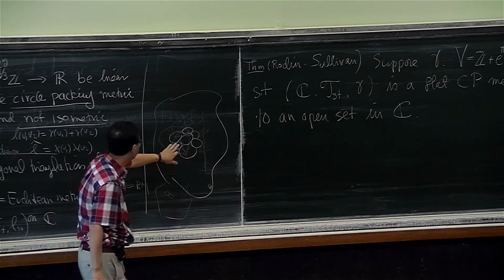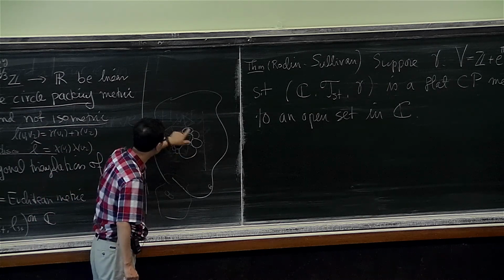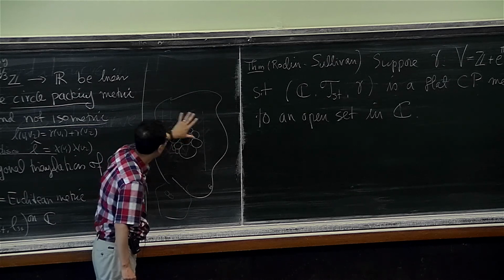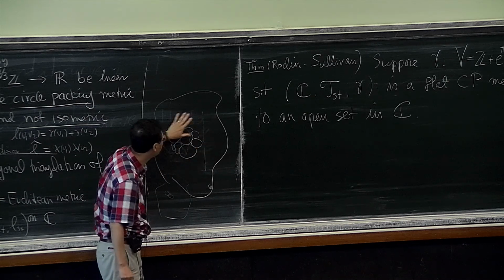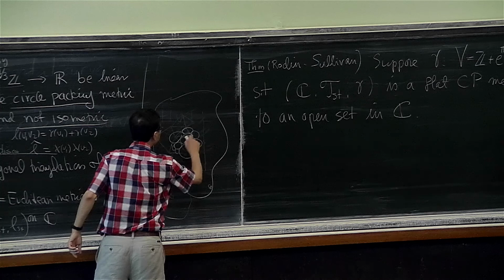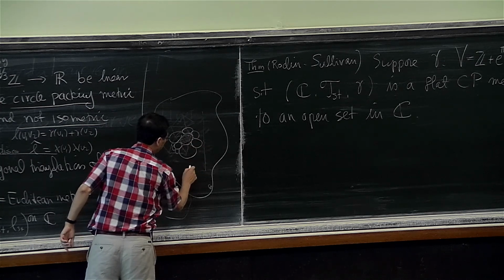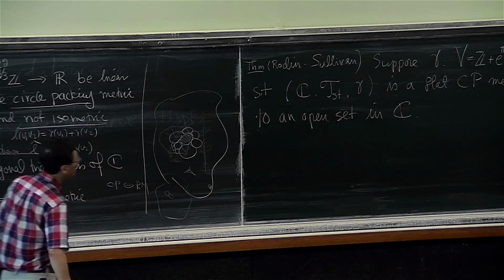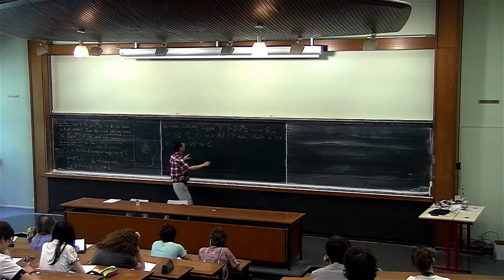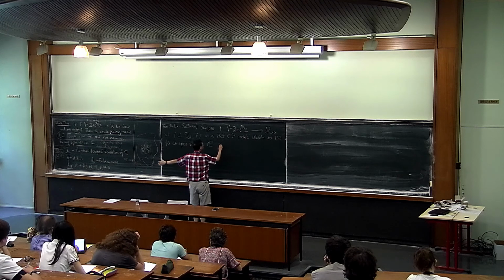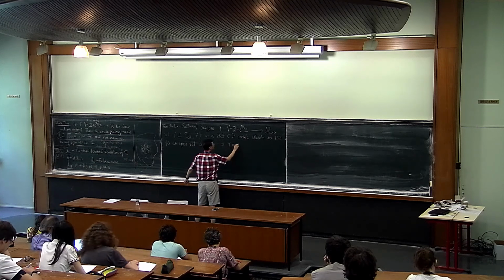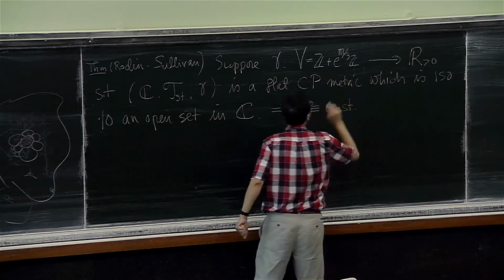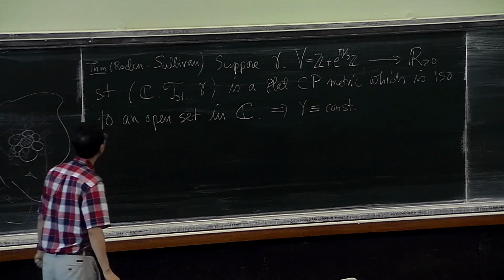But every circle is tangent to 6 others, and the whole open set is a union of these disks and the triangles bounded by the disks. And suppose you see this picture, then the only way you can do it is the regular one. Okay, so that's the Rodin-Sullivan theorem.